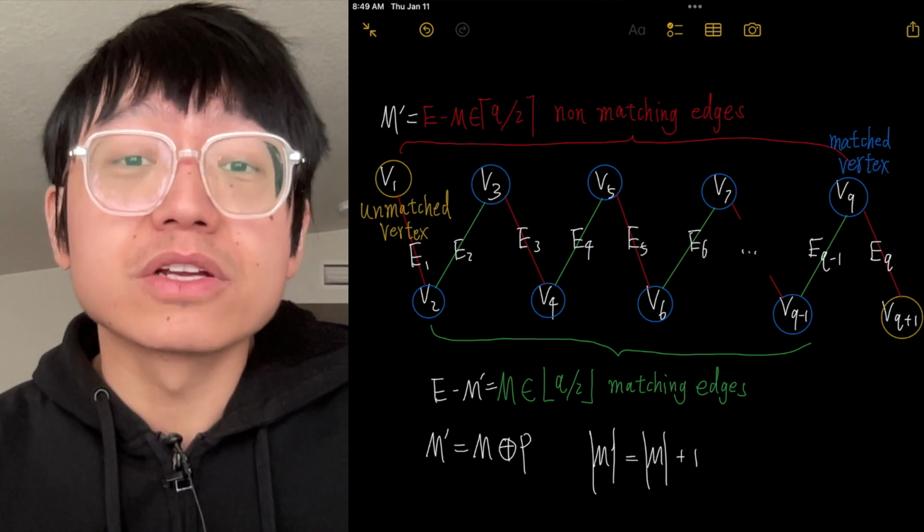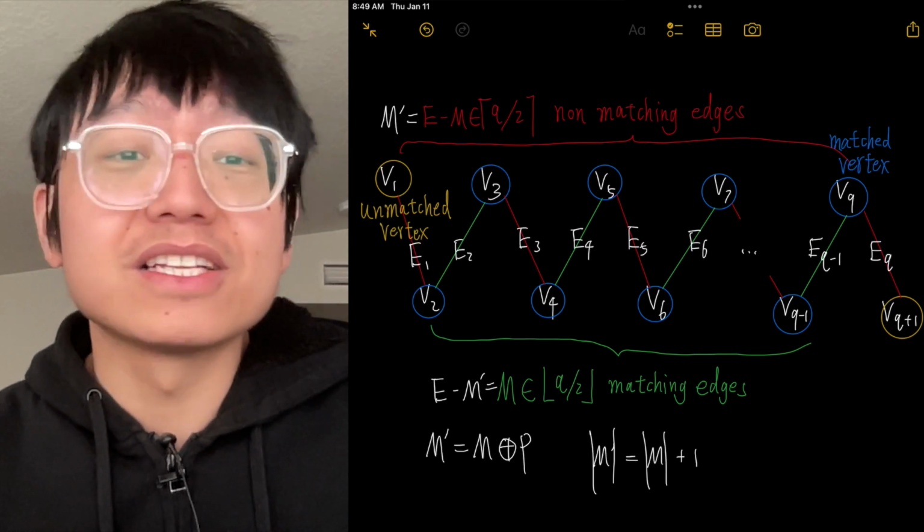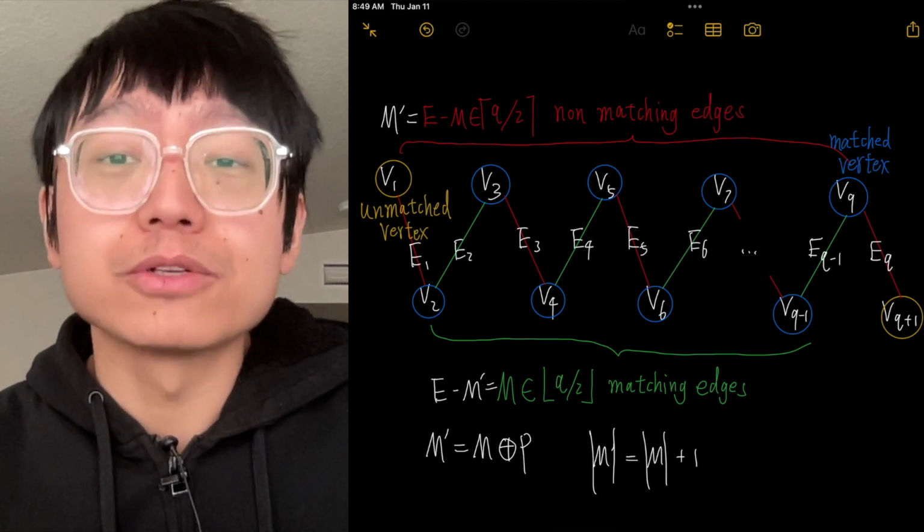So the proof concludes that M prime is indeed a matching in G, and the size of the matching has been increased by 1 from M to M prime.